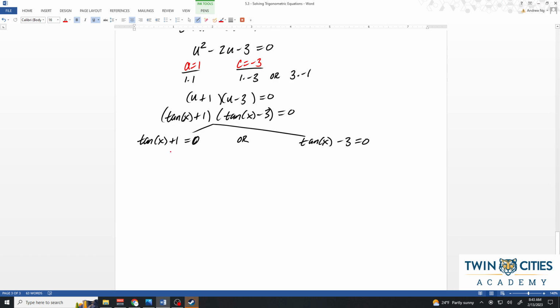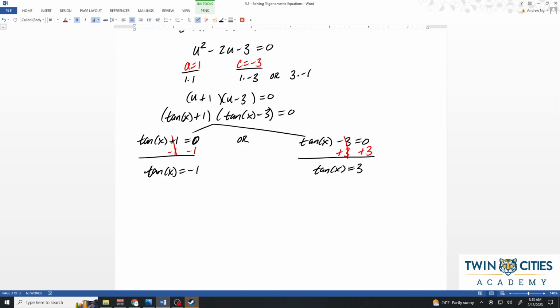Isolating tangent of x means we'll subtract 1 from both sides over here, and on this one, we're going to add 3 to both sides. Tangent of x equals -1, or tangent of x equals +3.